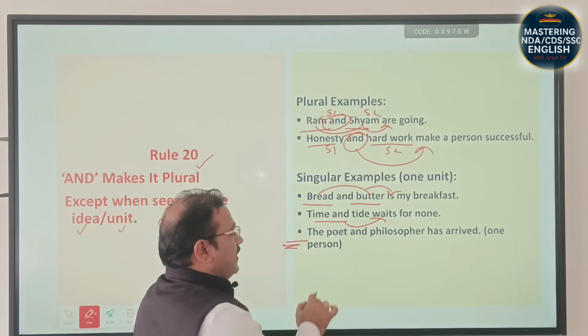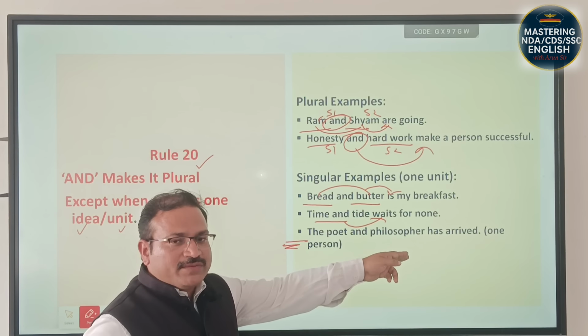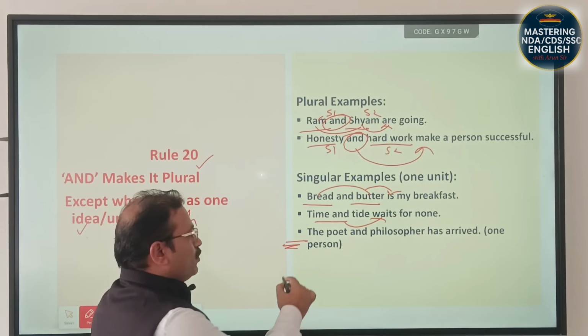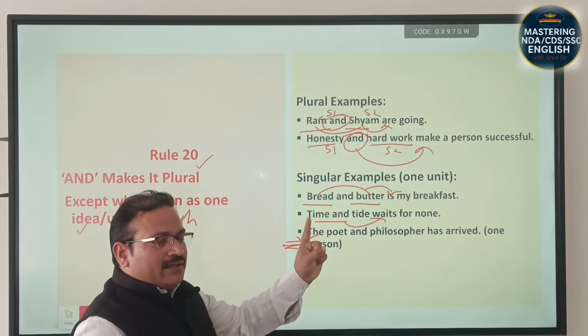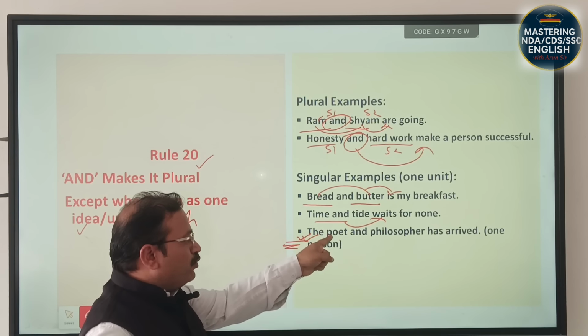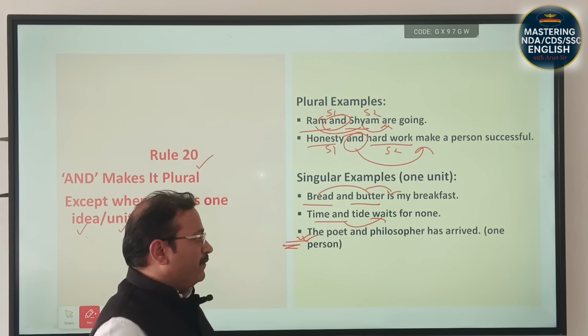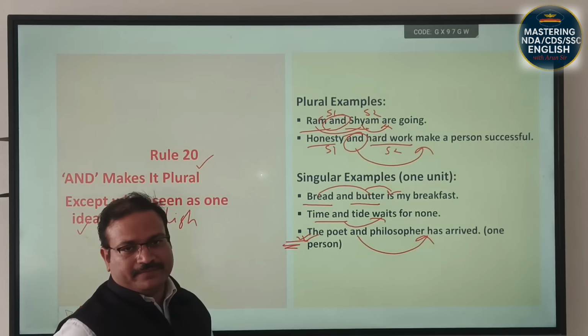Here you have to understand two titles, the poet and philosopher. The article is only in one title, means there is only one person who is poet and philosopher both. That is why it takes singular verb.